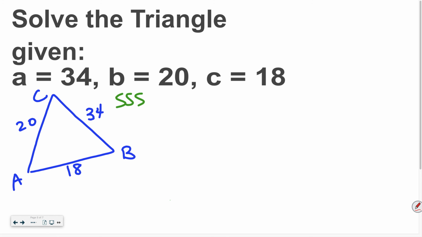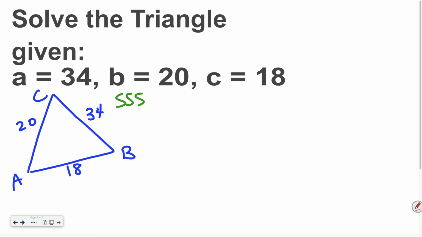Why A? Because it's the biggest side. If we find angle A, it's the biggest angle. We don't have to worry about which angle we find with the law of sines. We're not going to have an issue. So I would suggest in a side, side, side case, when you're using the law of cosines, find the biggest angle. That way, if you decide to switch, it's not a problem.